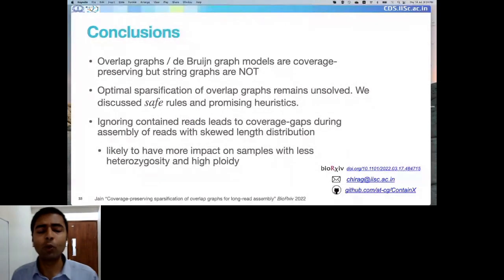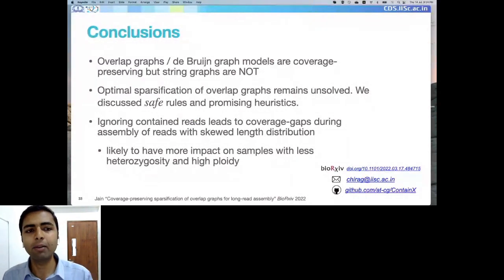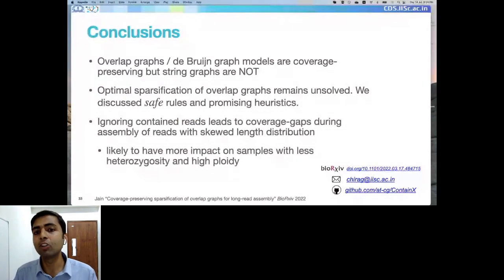So the conclusions of this work are as follows. We saw that overlap graph and De Bruijn graph models are guaranteed to be coverage preserving, but the commonly used string graph model is not. The sparsification of overlap graphs in assembly is important, but optimal sparsification of the overlap graph still remains unsolved.